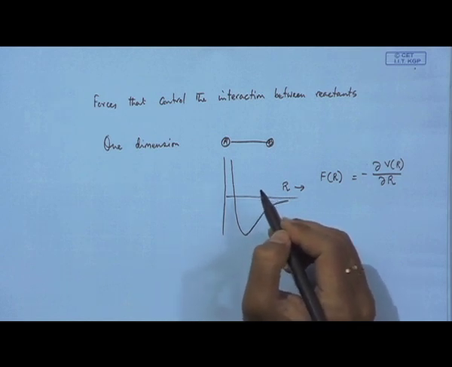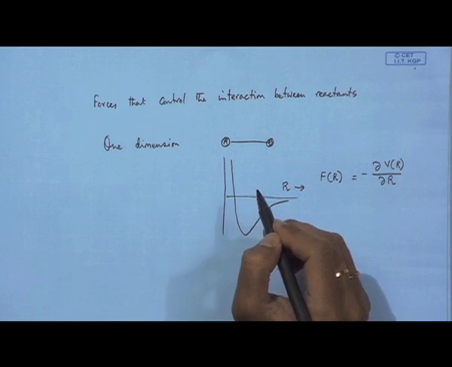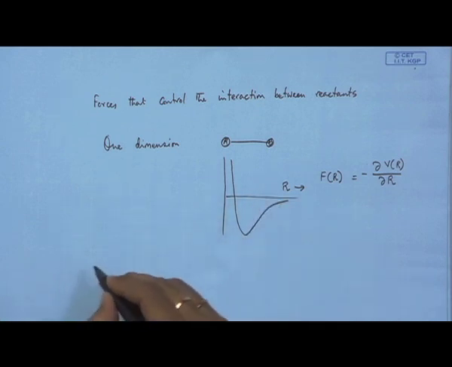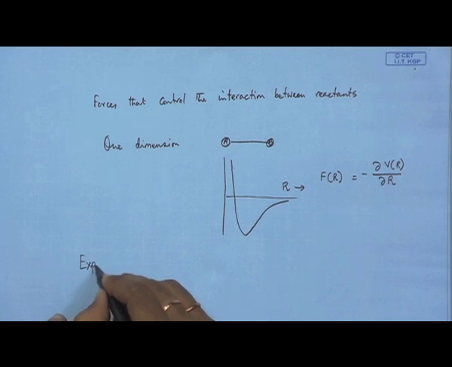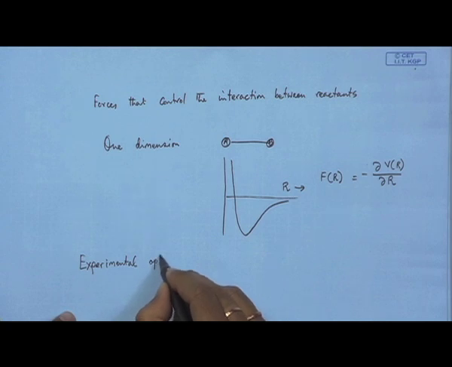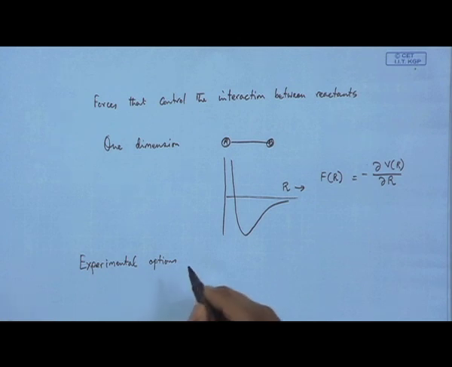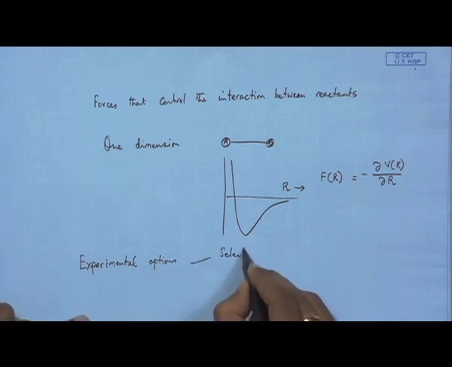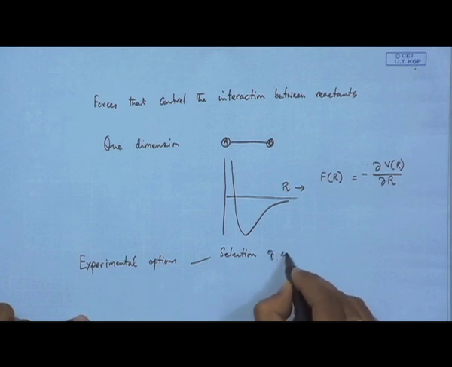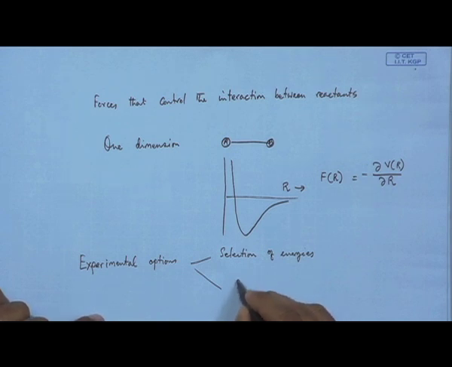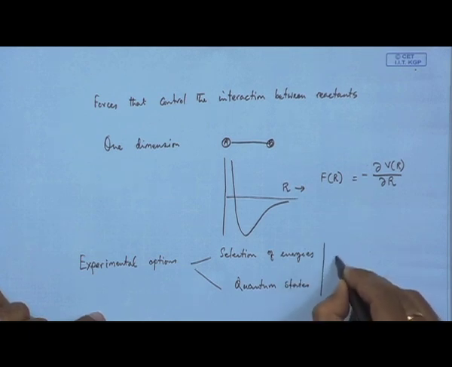Now, next we will move on to experimental options. That is, we have to select the energy and quantum states of reactants. So, selection of energies and quantum states for reactants.